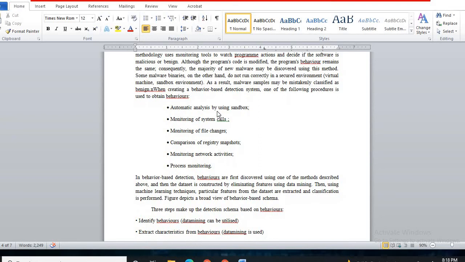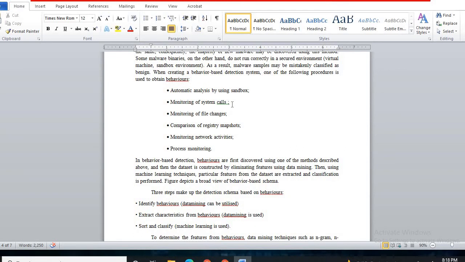I am detecting the malware using these techniques.